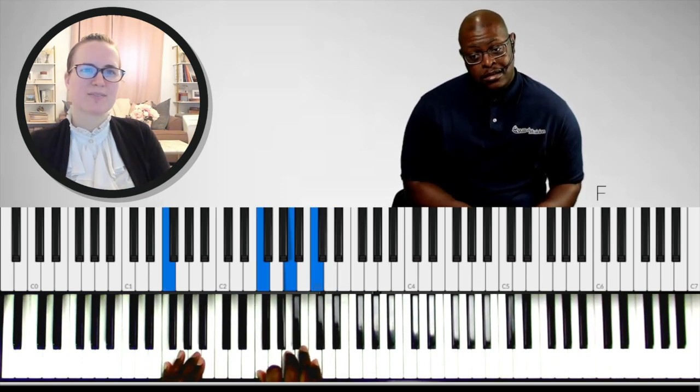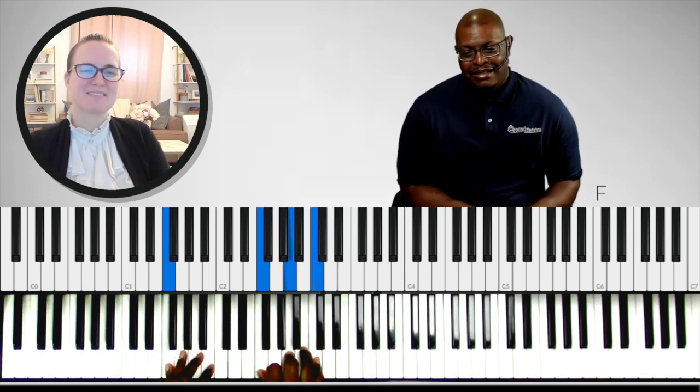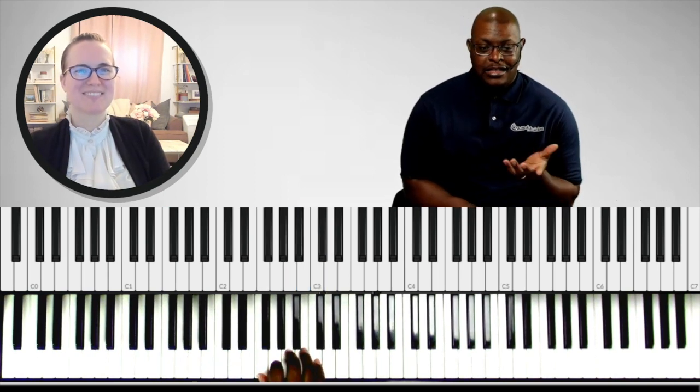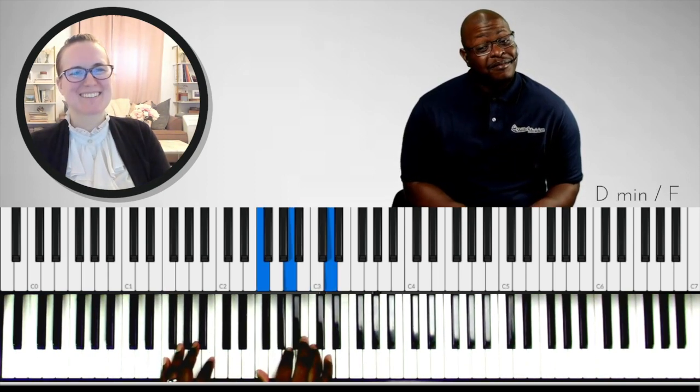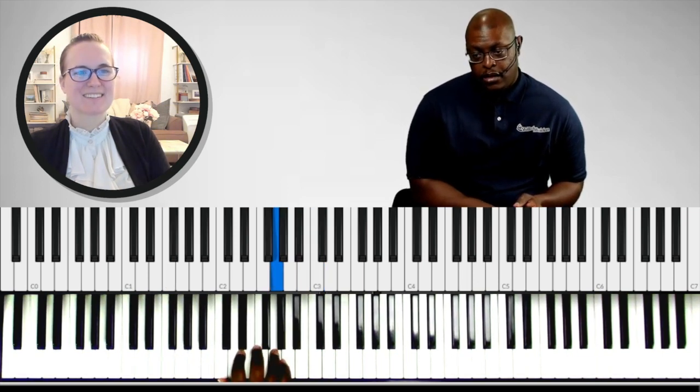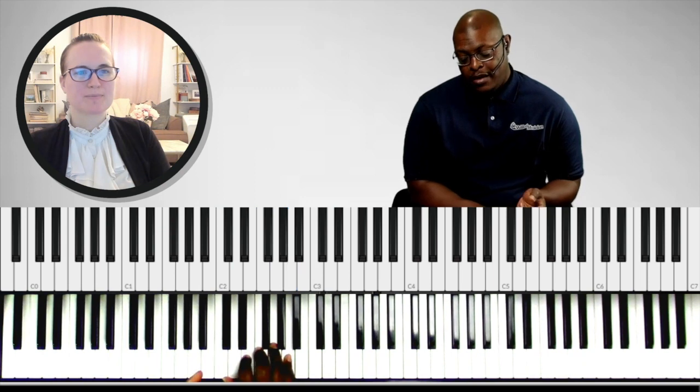Let's try the G. Let's try the B diminished. Let's try to stick with the D minor. And then we have, I'm assuming this A is part of the F, right?